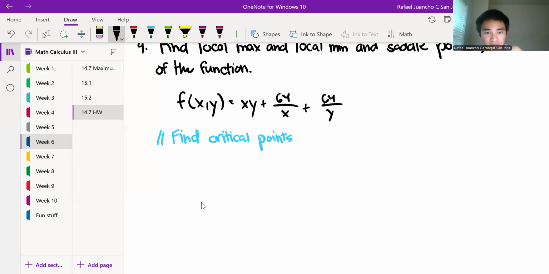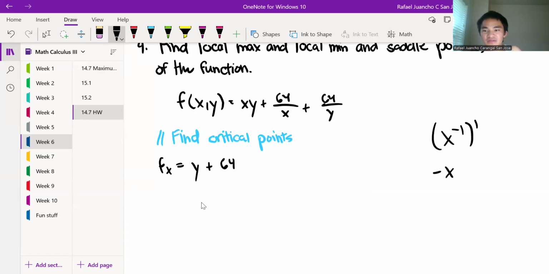How would I do that? I get their f sub x. So here I treat y as a constant, y, 64. I put my 64 out. 1 over x, was that? If I take the derivative of 1 over x, this is the same as me saying give me the derivative of x to the negative 1.